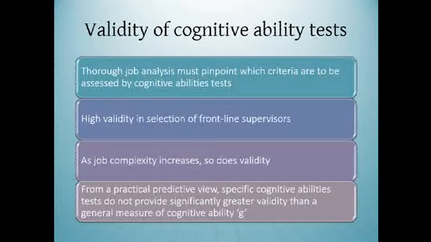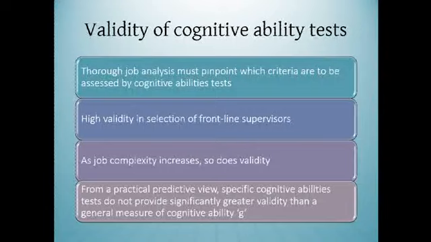So, quick summary, class. Of course, we must refer to thorough job analyses to pinpoint which criteria are relevant for the job. But generally, we see that general mental ability is pretty valid. It's also valid for selecting frontline supervisors.